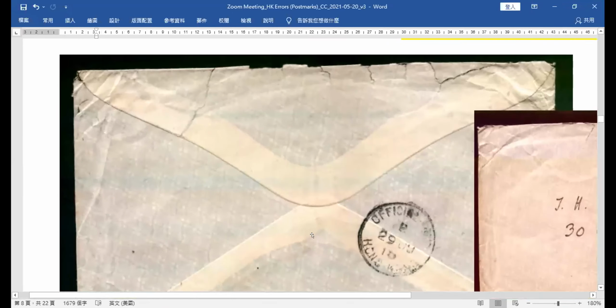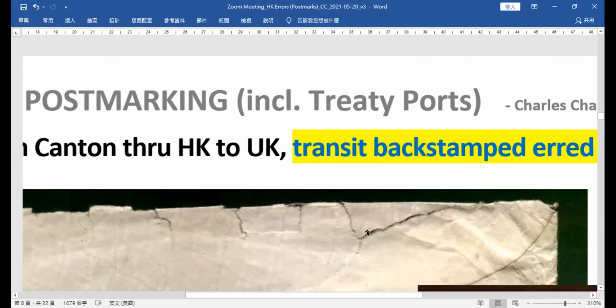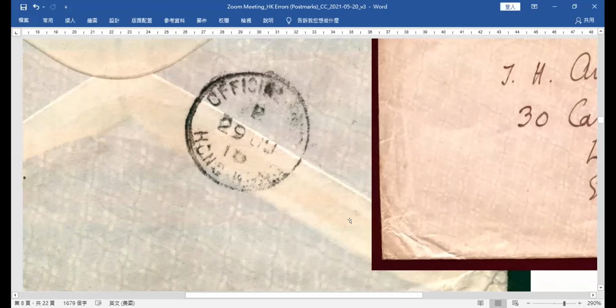Can you guys see? No red inking remains. It doesn't make sense. Must be a mistake to use an Official Paid as an arrival. Is it an arrival? Transit. Therefore, it makes no sense.